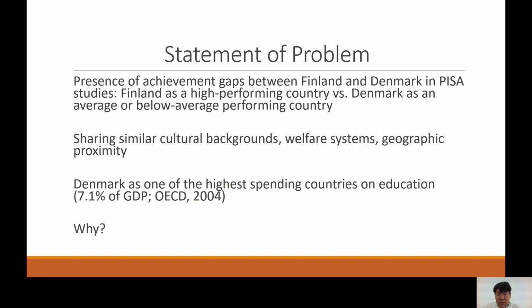So there is the presence of achievement gaps between Finland and Denmark in PISA studies: Finland as a high-performing country versus Denmark as an average or below-average performing country. So we had a question.